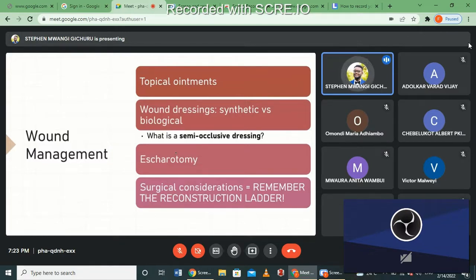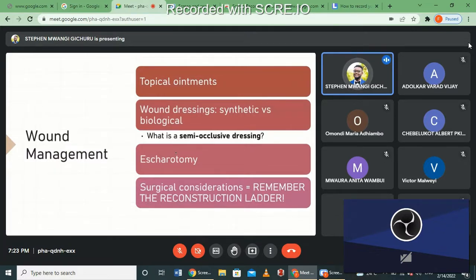But the best, if you have to put, is silver nitrate. And even better than that, you put honey. Honey has been shown to be the best in terms of burn wound ointments. And I think one of the plastic surgery residents is doing a study on that, just to bring it back home so that you can start putting honey on people's wounds.